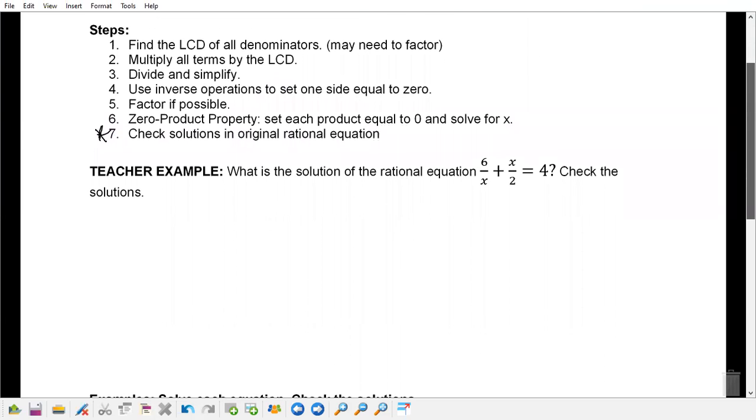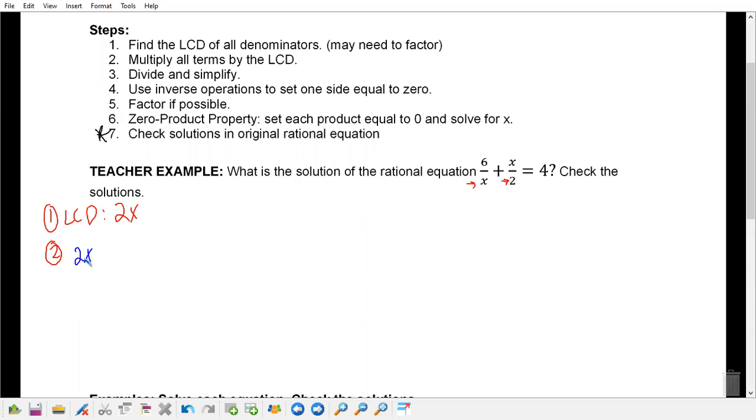Okay, so for the teacher example, I'm going to go through every single step as it's written. So we're going to find the LCD. Step 1, LCD. My LCD depends on my denominator. My denominator LCD is 2x. Step 2 is to multiply all terms by the LCD.